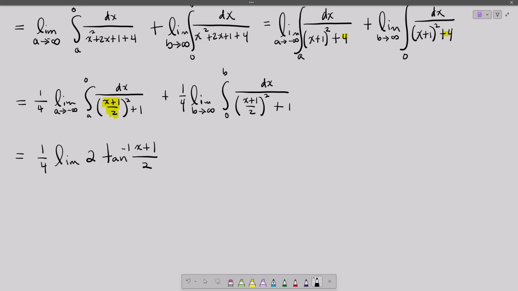There's some rumbling in the hallway. And then over here, same thing, 1/4 limit as b goes to infinity. We have the exact same thing, I should put the a to 0 evaluation bar there. Arctan of x plus 1 over 2 divided by 1/2 means multiplied by 2. And this is going to go 0 to b.